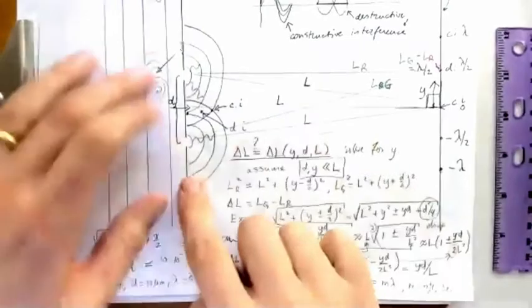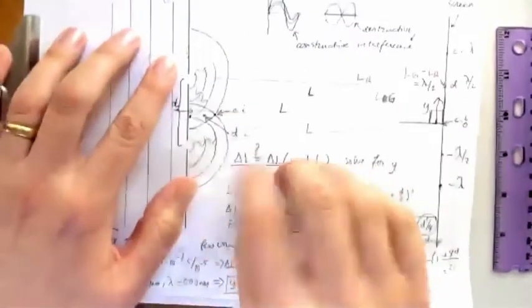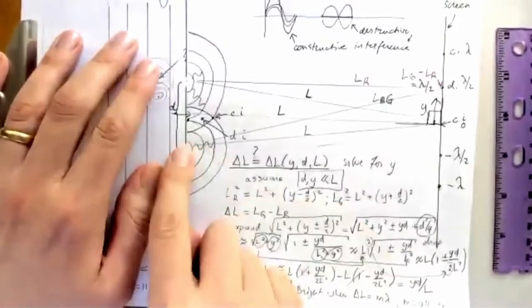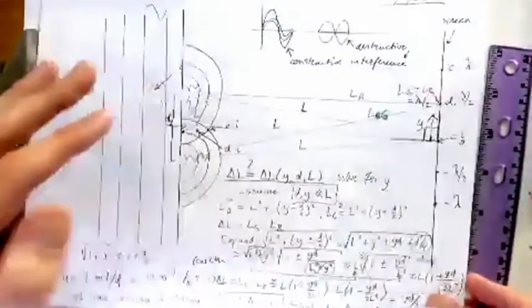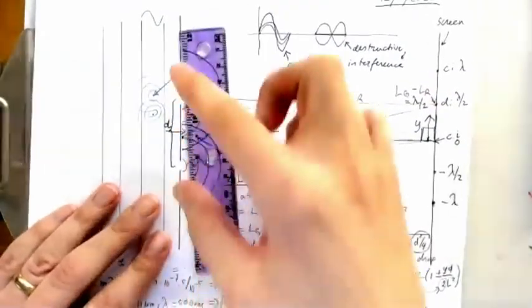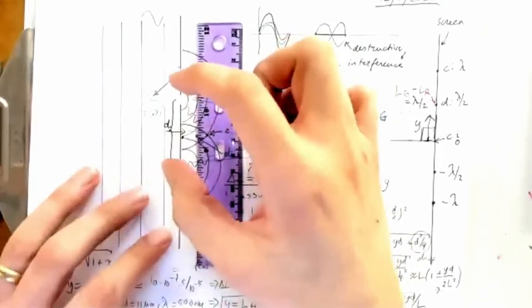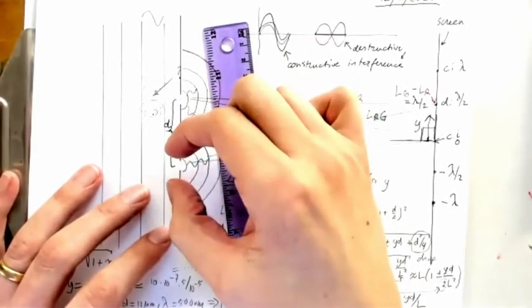Okay, so this is double slit interference. Now we need to talk about what happens with a single slit. Single slit is a little trickier because we start with the same situation, but now we're going to incorporate the fact that these slits actually have finite size.